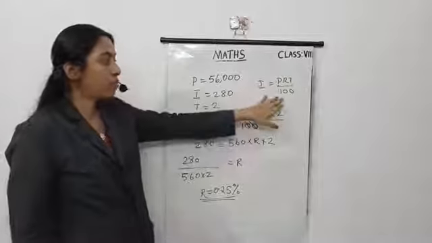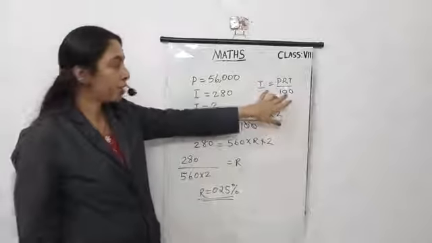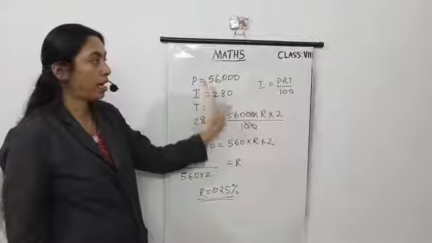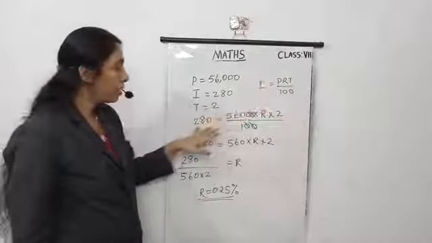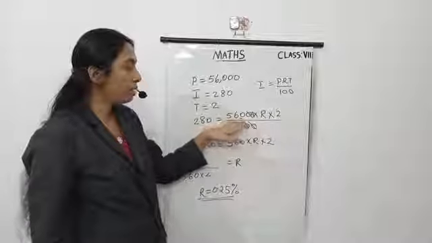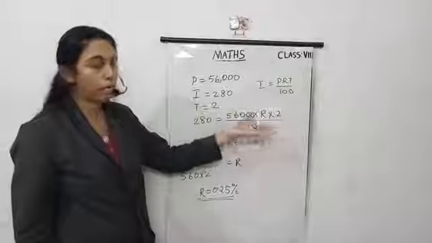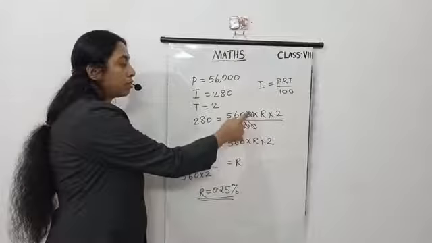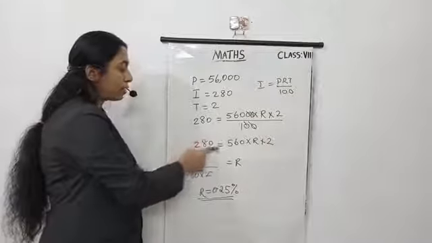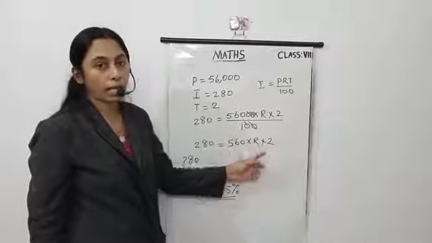So we have the formula I equal to PRT by 100. Substitute these values in this equation. We get 280 equal to 56,000 into R into 2 by 100. We don't know R. Then we can cancel the zeros here and write 280 equal to 560 into R into 2.